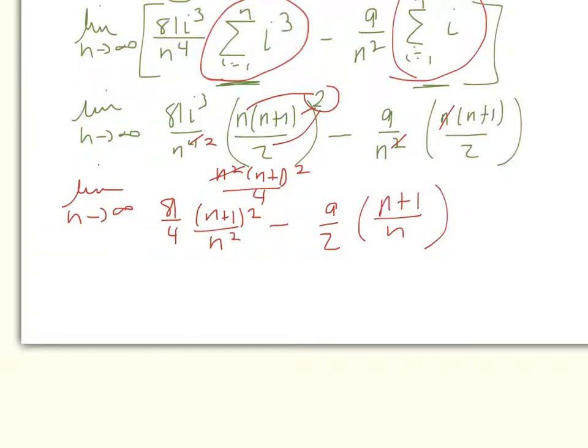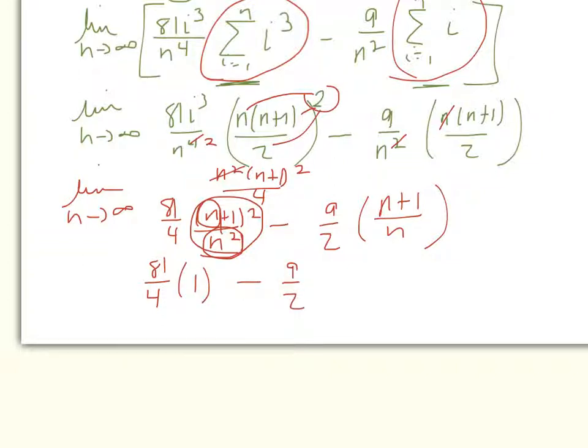And now if you remember when we apply the limits to infinity, we'll have 81 over 4, and this guy, if we apply the limit to infinity, well, we just know that it's going to go to 1, because technically the leading coefficient here is n squared, the leading coefficient here is n squared, so we know that we can just reduce those or just have the coefficient, which will just be 1.